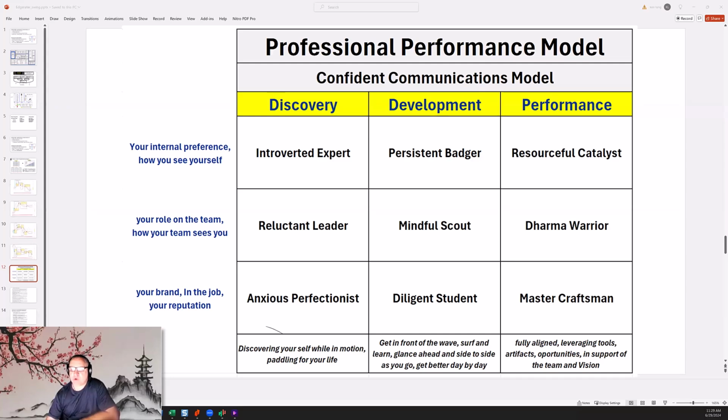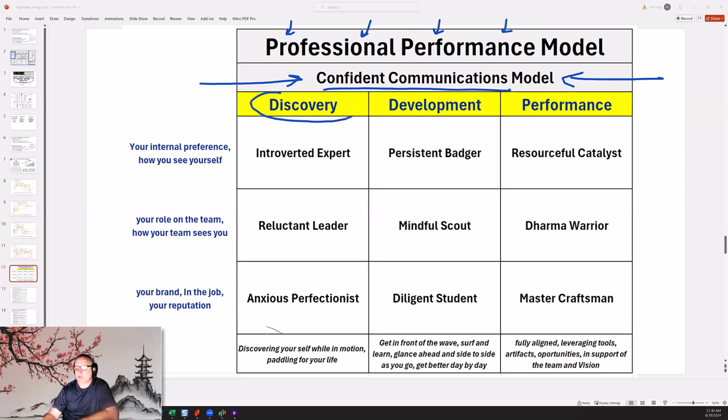And what I showed him was that the courseware that we put together to help leaders become confident communicators actually is generalizable on how to improve all of your professional performance. And what we showed was that when you have professionals that are trying to learn new skills, like trading, you go through a 3-phase process of discovery, you get over the anxiety, and then you learn to develop skills. And then when you get enough mastery, you can really get into high performance.